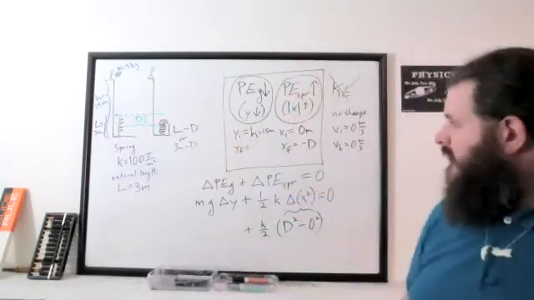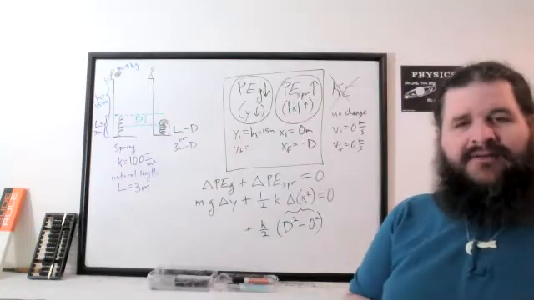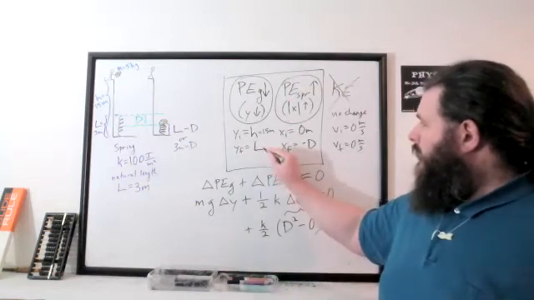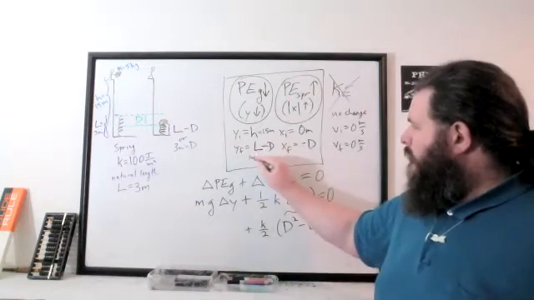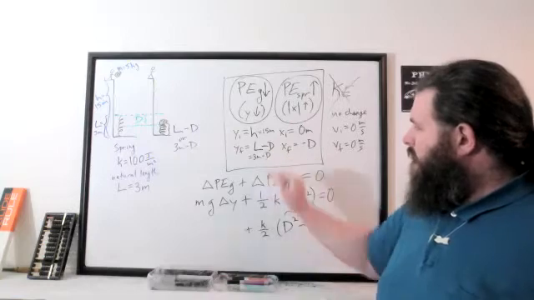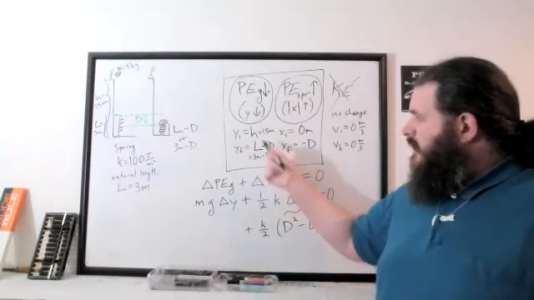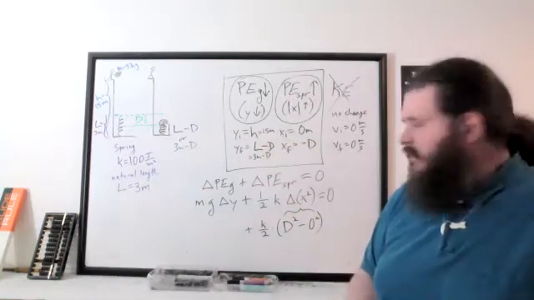We can fill in 3 meters at the end. But this means we now have a way of writing the final height in terms of those symbols. L minus D, or 3 meters minus D. So final height is going to be L minus D. Initial height is going to be H, which is 15 meters.